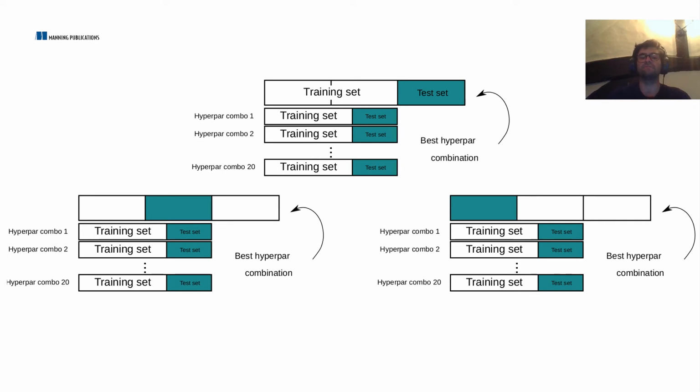It didn't have to be 3. You could perform 10-fold cross-validation, and even the inner loop could be k-fold cross-validation. It doesn't need to be holdout like we have in this example.